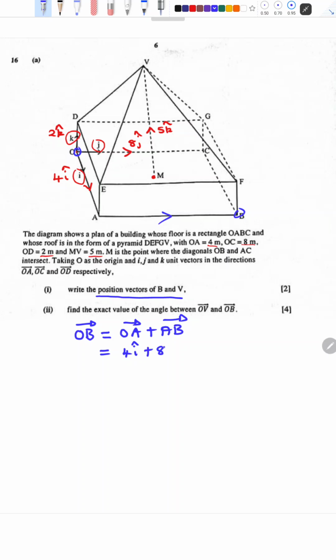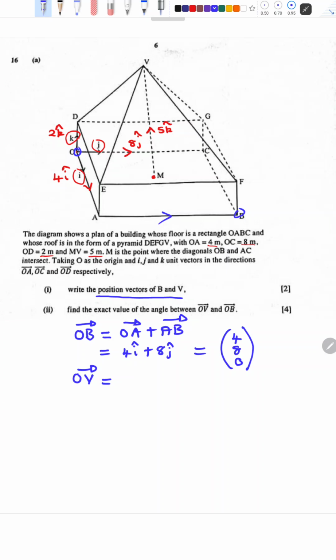So I'm going to add 8 what? 8j. So this is the position vector OB. If you want to write it as a column vector, it is also allowed. First i, which is 4, j is 8. Since we don't have k, you put a 0. So this is OB.